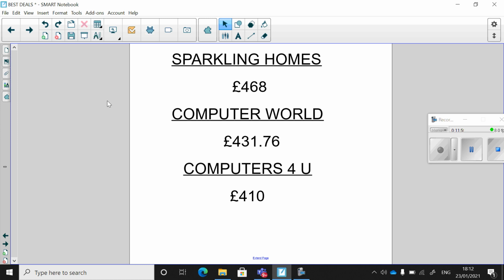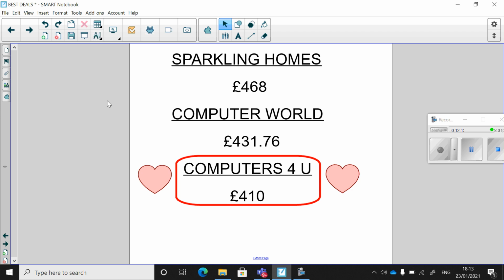But for me, I think Computers for You was spread over the longest time, and I would go for that every single time. 410. That was spread over the longest. But if you think, oh no, I can't afford to pay over 2 years, I would rather pay over 1 year, 52 weeks, then say that. Just actually say I can't afford that. I've got other commitments. That is fine. Okay.